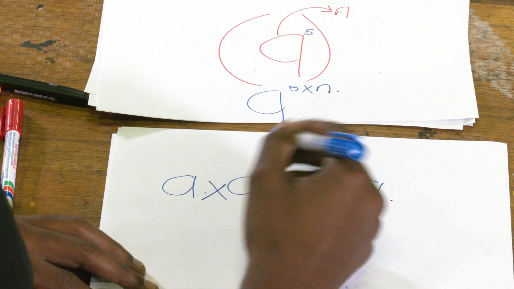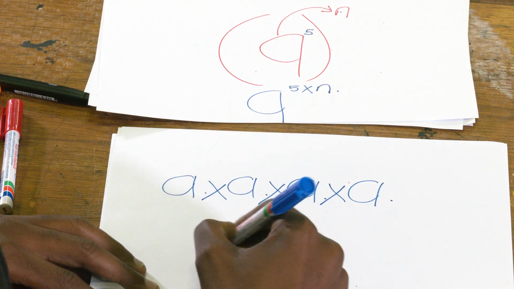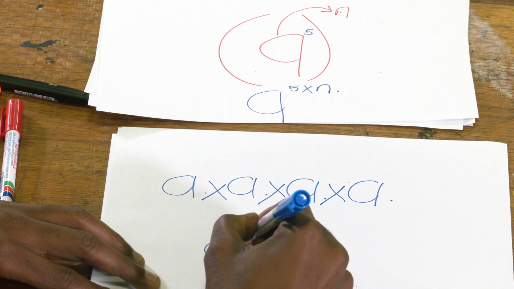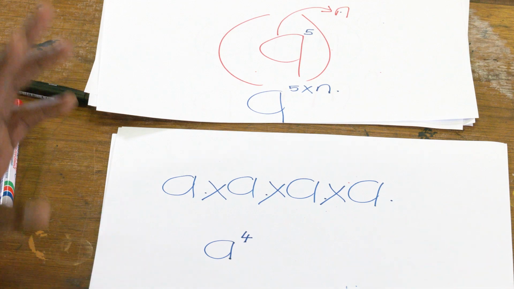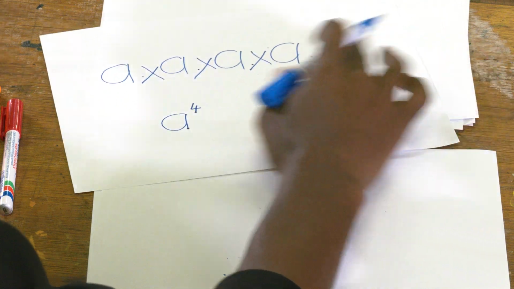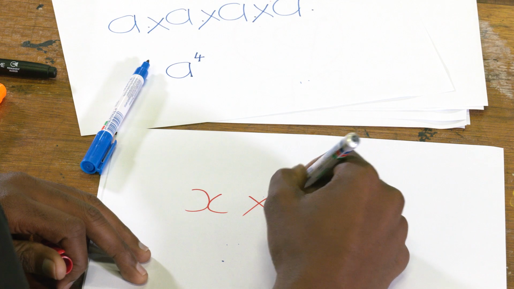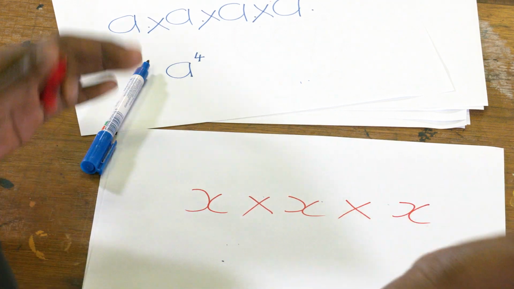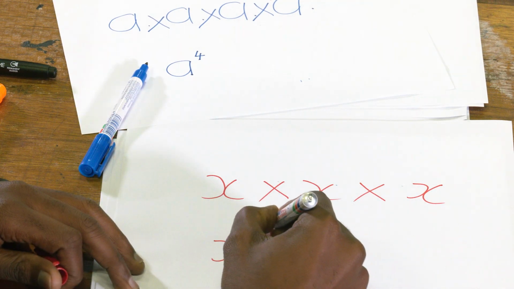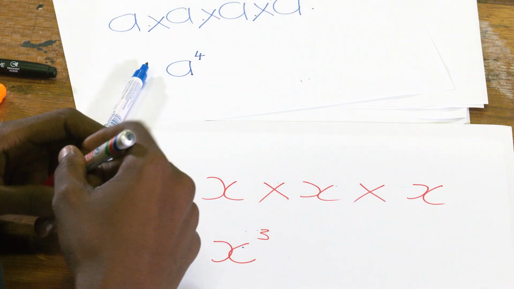A multiplied by A, multiplied by A, multiplied by A. So basically, this is A multiplied by itself 4 times. So that's the simple matter of what exponents are. So if you had x, for example, multiplied by x 3 times, that means you're multiplying x by itself 3 times. So that's the simplicity of what exponents are.